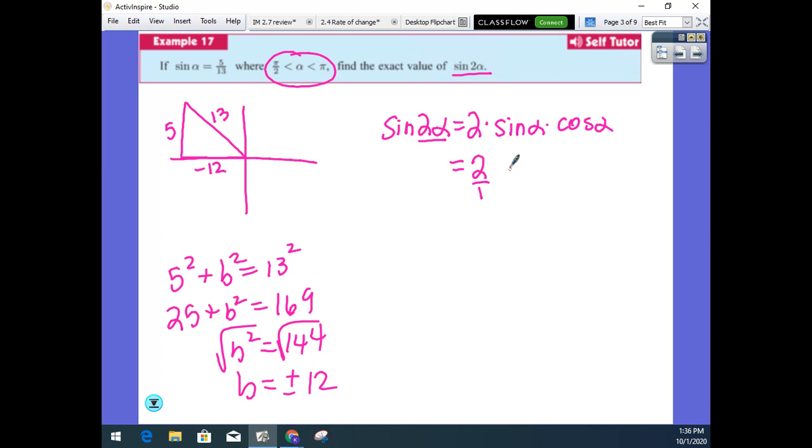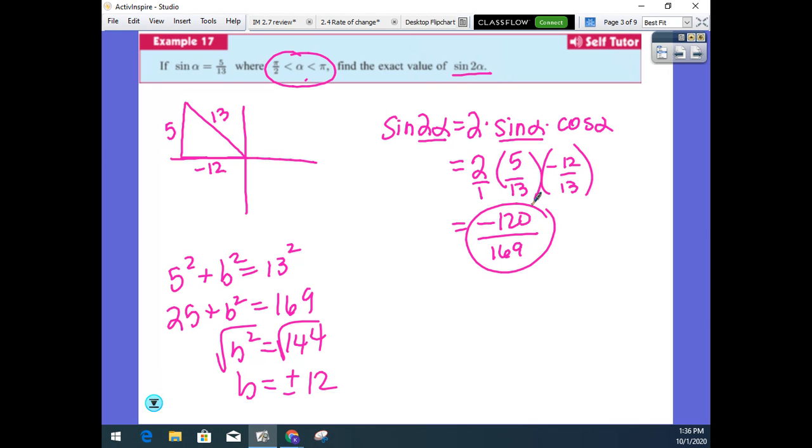It's always 2 over 1. Sine, we knew right away, was 5 over 13. They told us that angle was in the second quadrant, so I could find what cosine was equal to. Negative 12 over 13. Multiply the top, multiply the bottom, and we're done.